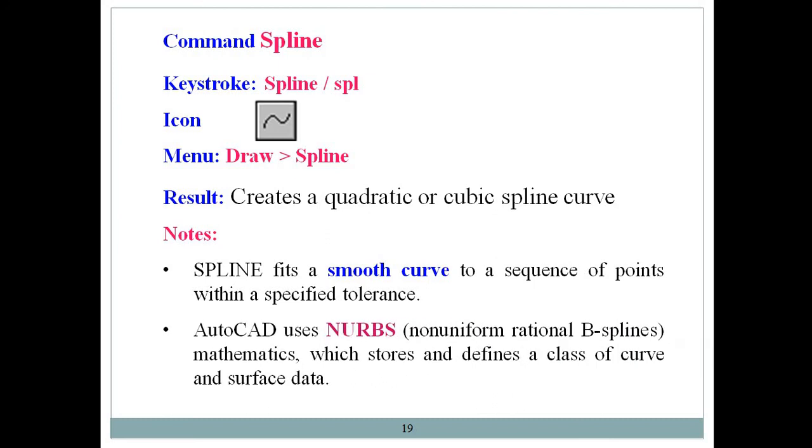Also in AutoCAD, we use a different mathematical method, that is NURBS, non-uniform rational B-spline. This spline totally depends on the surface data, and this data can be controlled with the help of mathematical instruction. This is the spline command.